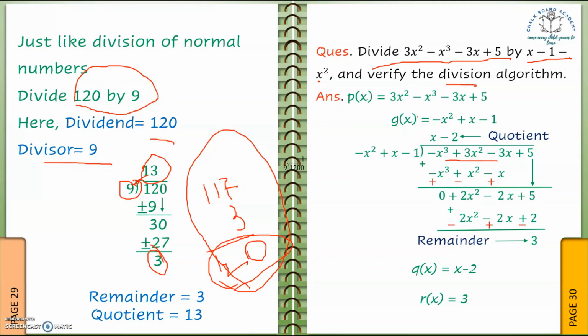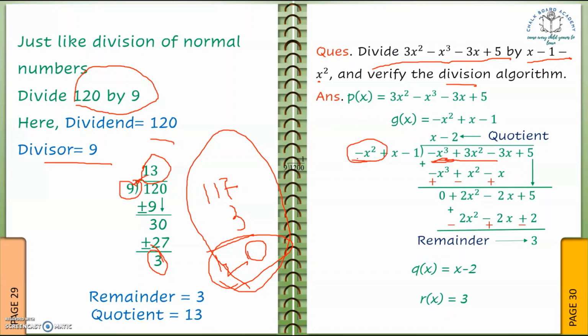So for both p(x) and g(x), we got the result as minus x cube plus 3x square minus 3x plus 5, and here x square minus x square plus x minus 1. Now, as we have already done division in previous slides, just like that we are going to do here. Now we have to make this x square like this.